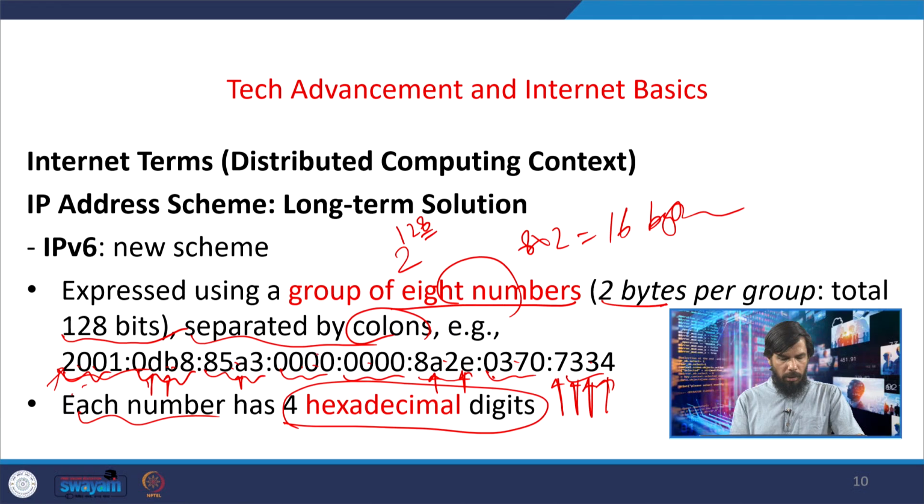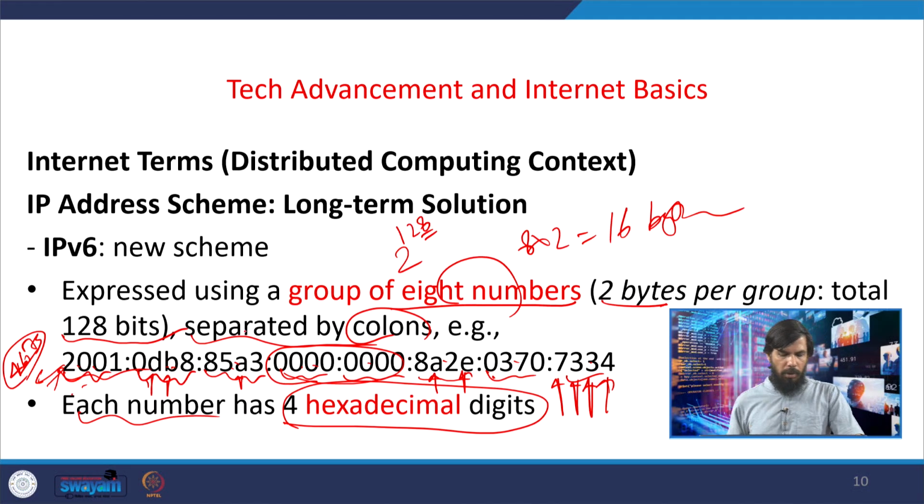Now, there is a double colon notation for compressing IPv6 to conserve space. That part we are not covering, but you can see that there are 8 numbers here, and each number has 2 bytes, that is 16 bits. Each of these hexadecimal digits can be represented using 4 bits, right.